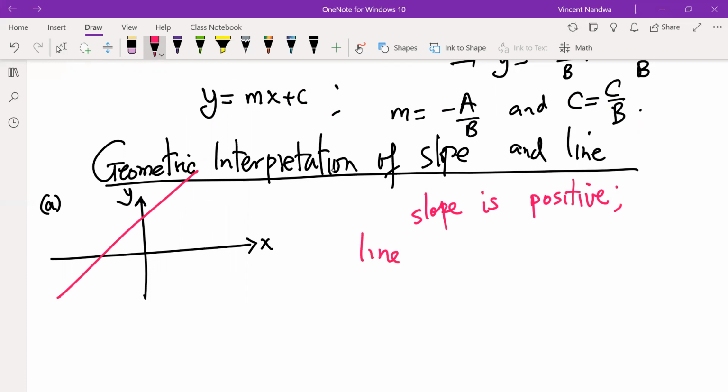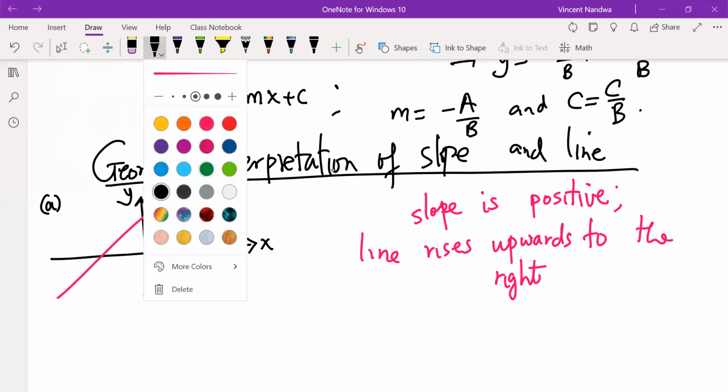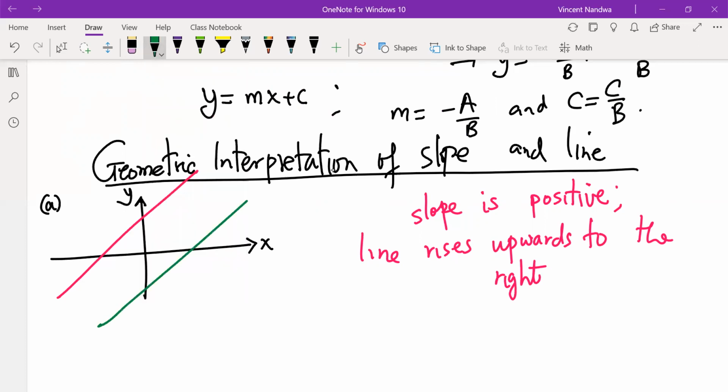So the line rises upwards to the right. Even if the line is of this form, it is the same thing.